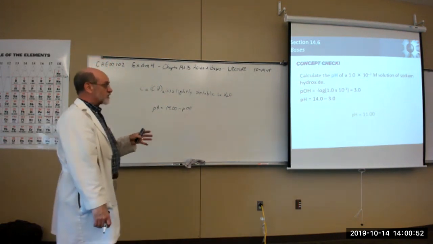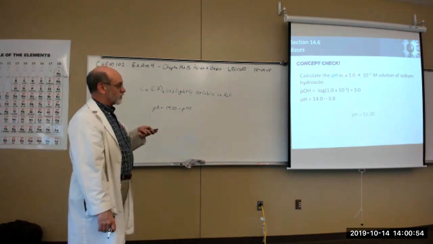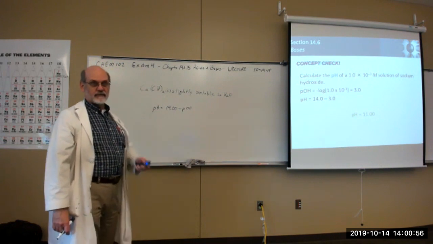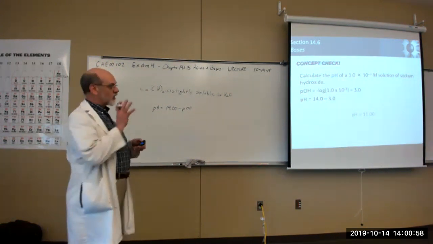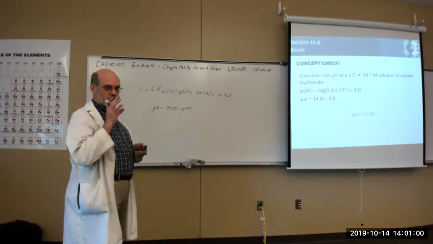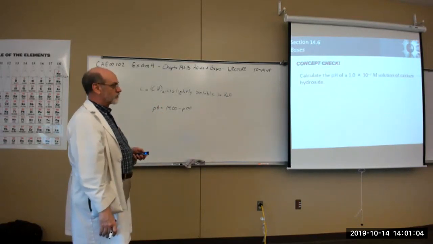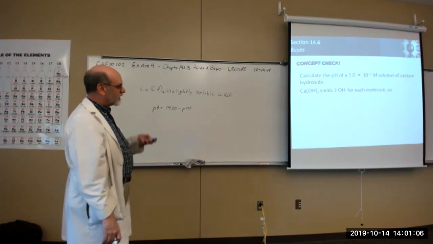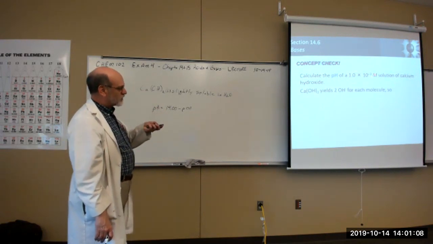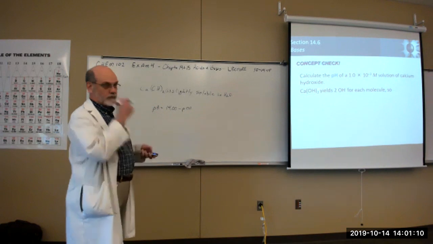Okay, sodium hydroxide is because it only produces 1 hydroxyl for each sodium. Right? So if you know the concentration of sodium hydroxide, you automatically know the concentration of hydroxides. But for calcium, for every 1 calcium hydroxide, it produces 2 hydroxides. Right?